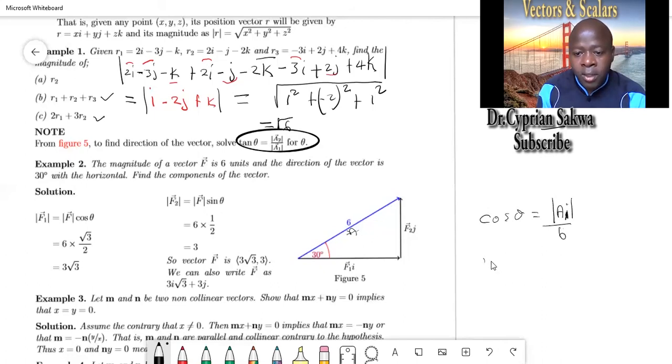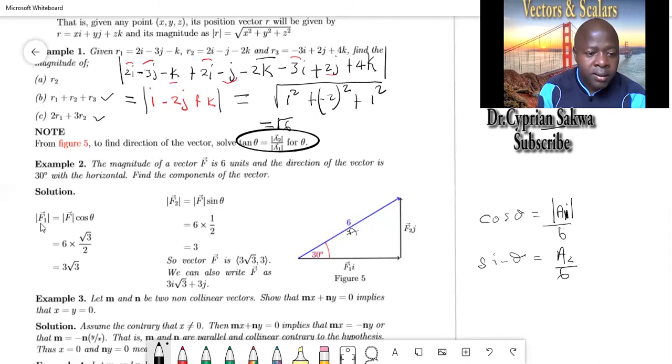And we would also say that sin theta is the y component over this magnitude, and we've been told this magnitude is 6. So to get the x component, I only need to get 6 times cos theta, where theta is 30.